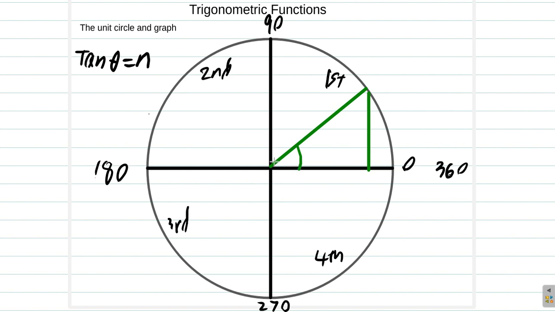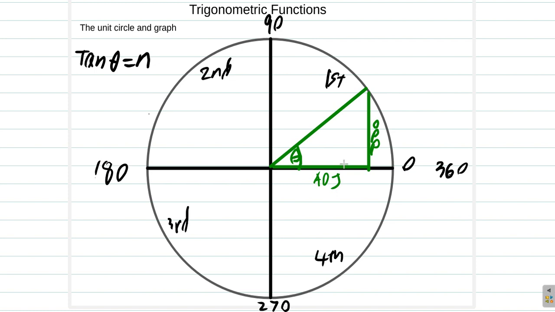Oh, opposite over adjacent, I should say. It is opposite over adjacent for tangent, all right? So here now, let's call this angle theta. This is our theta. The tangent is the opposite divided by the adjacent.